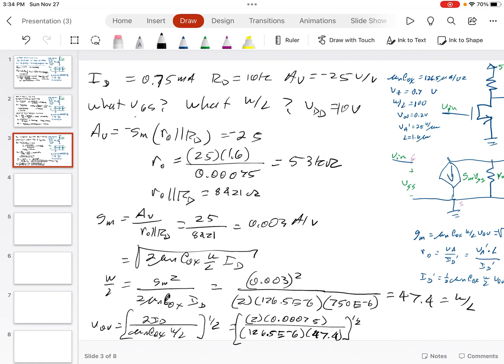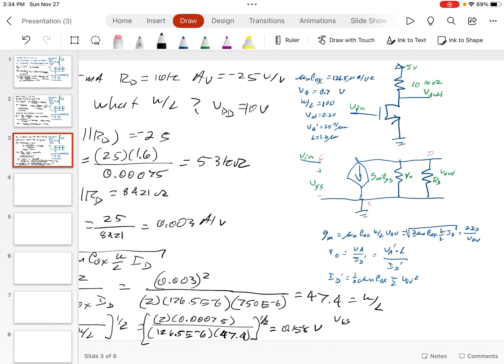Got all that under the square root. 47.4 is that value we just calculated for W over L. And we do that, and we get a value of 0.158 volts. And VGS is equal to V overdrive plus VT. So that's 0.158 plus the value of VT, 0.7 volts. So we must have a value of 0.858 volts.